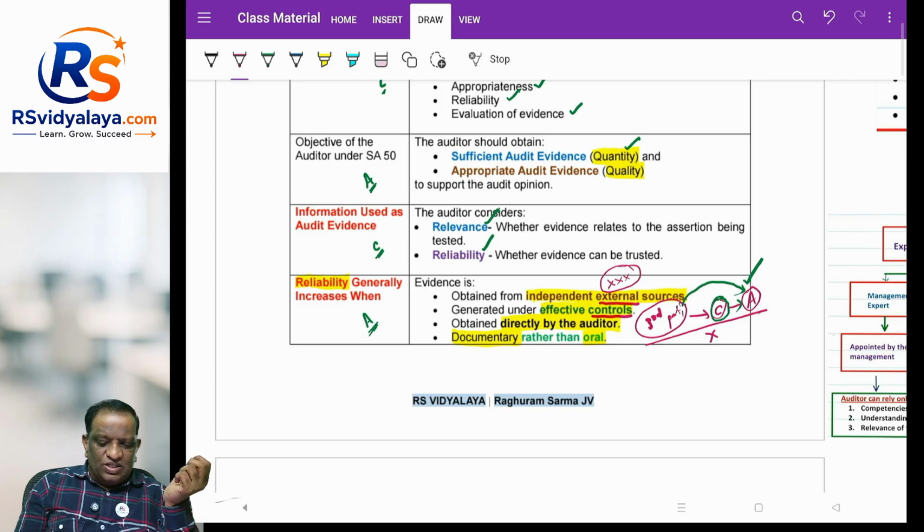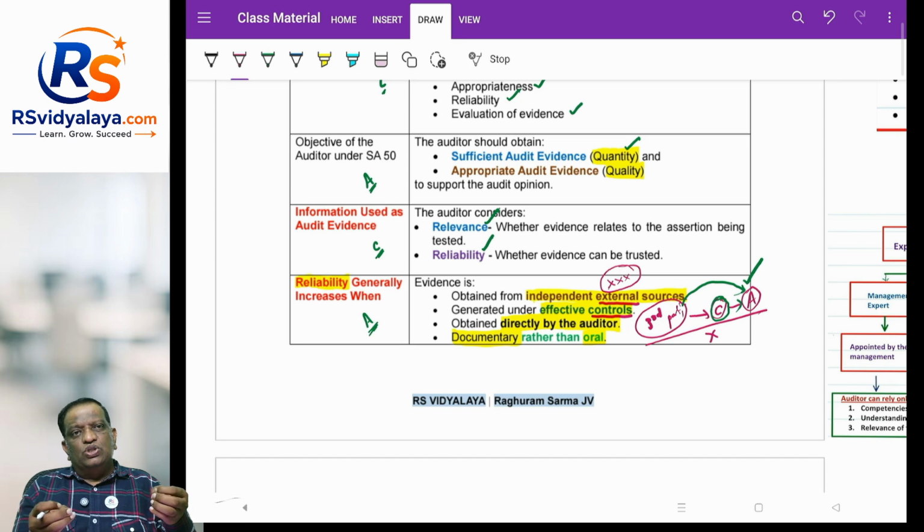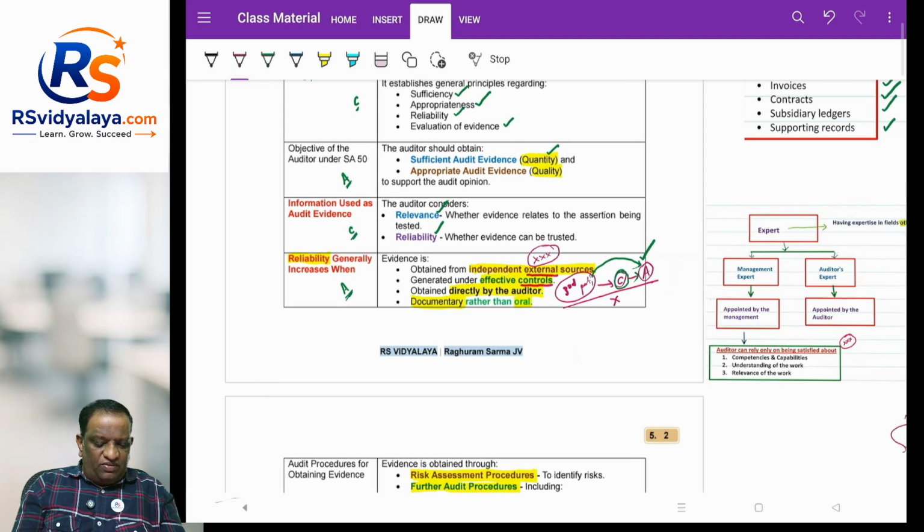So, as an auditor, we should gather both external and internal evidence, and then try to map the two to see whether it makes any difference. So, this is all about audit evidence.